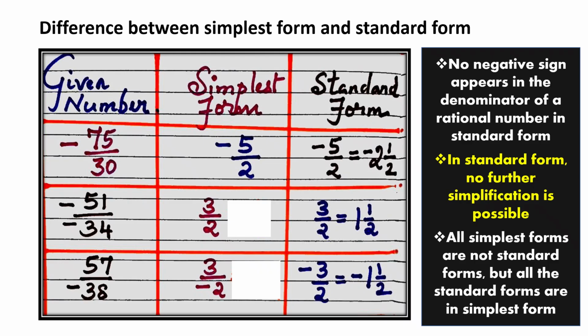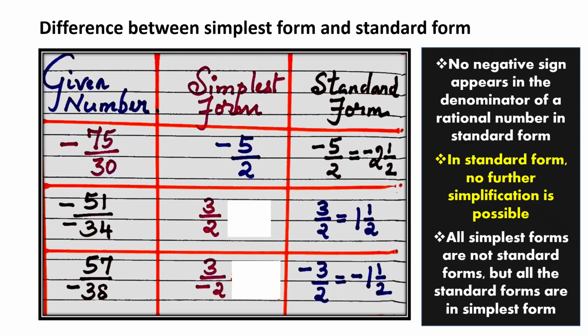The third example, 57/-38, is similarly 3/-2 in the simplest form. But unless we put the minus sign in the numerator, it is only the simplest form, but the standard form expects -3/2, which is equal to -1 1/2.